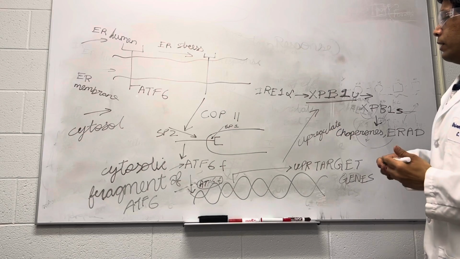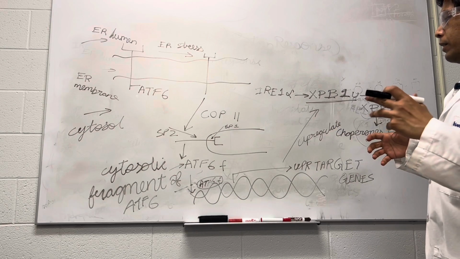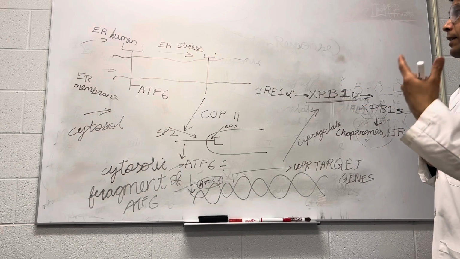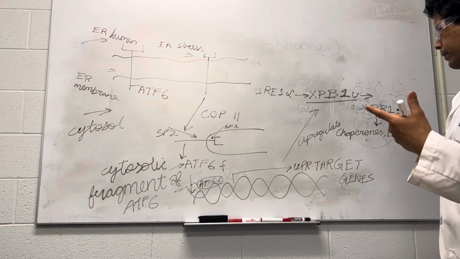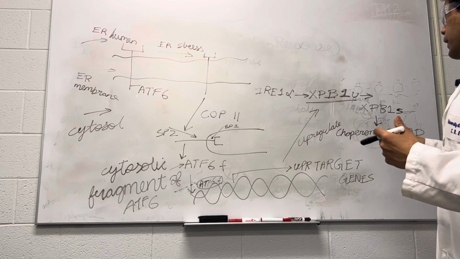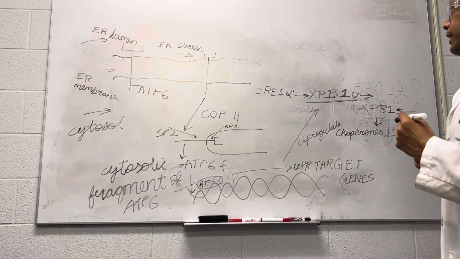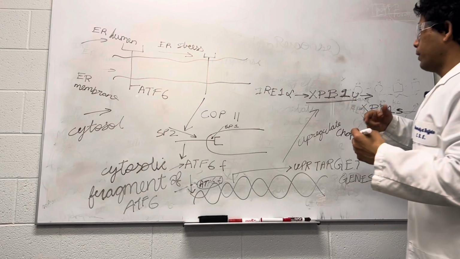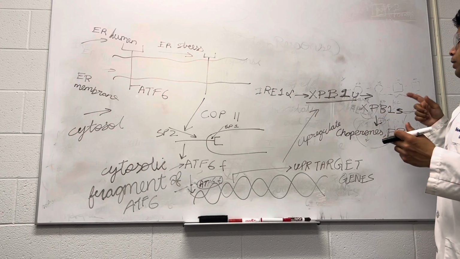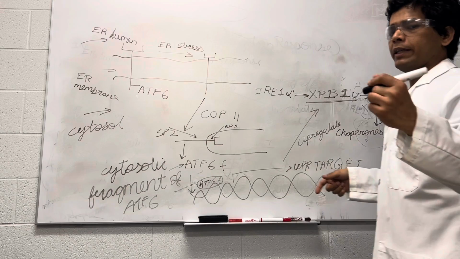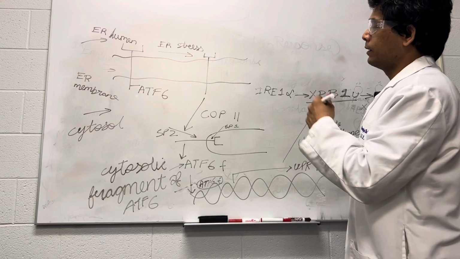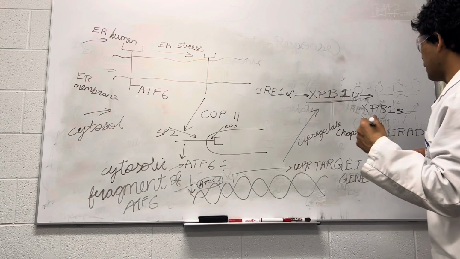So in this way we can imagine that ATF6 is correlated with the signaling by IRE1 alpha. If ATF6 is not activated, then the impact of IRE1 alpha will not be high enough, as XBP1 is not present in the cells in an upregulated manner. So this is the reason why ATF6 is also important.